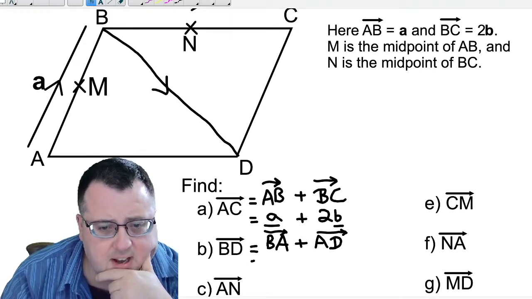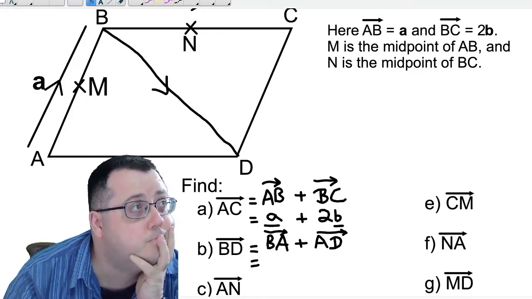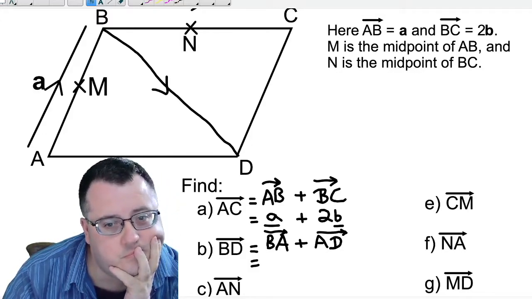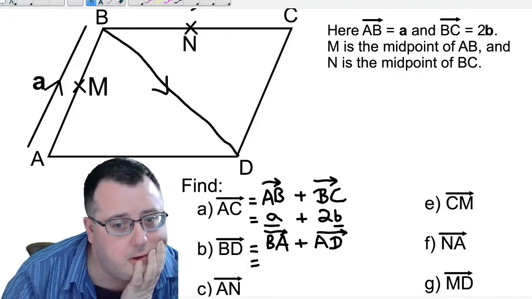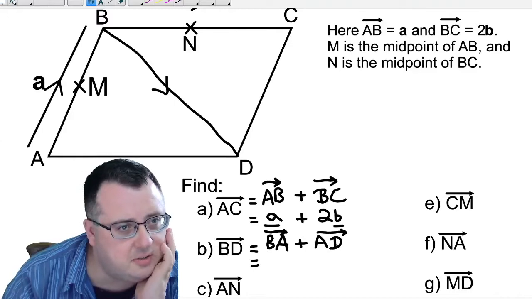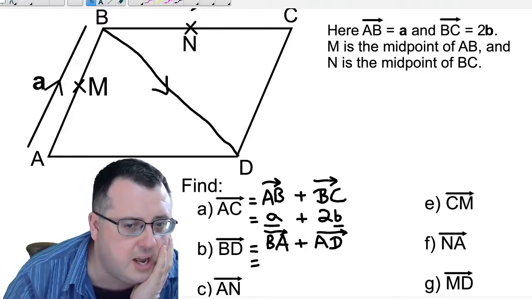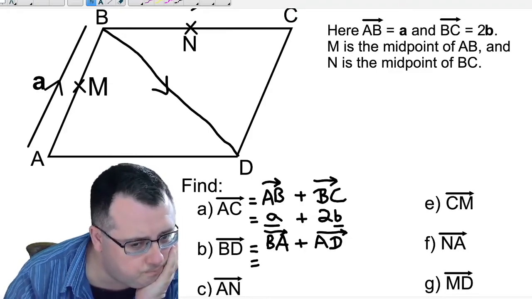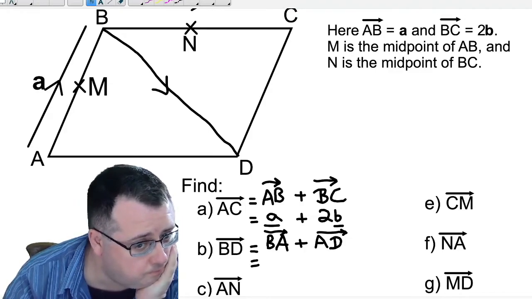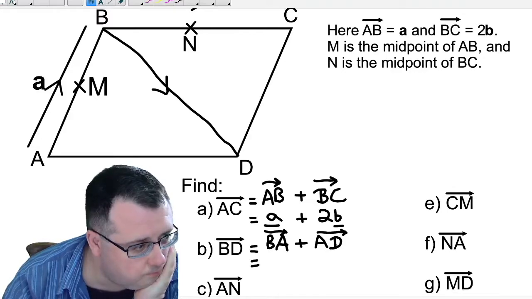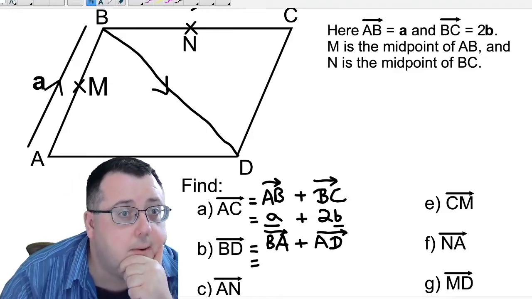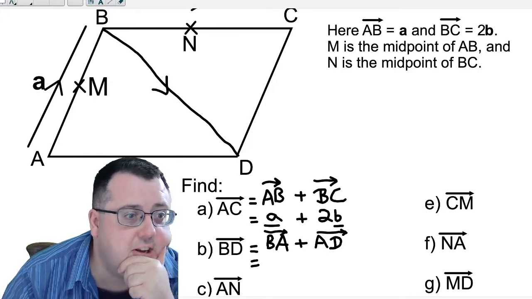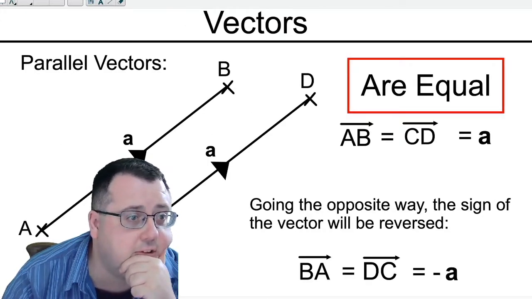What vector is B to A? We know that going from A to B is bold A. So if I'm going the opposite way, B to A, what would that be? Maybe if I go back a few slides, you'll see it.